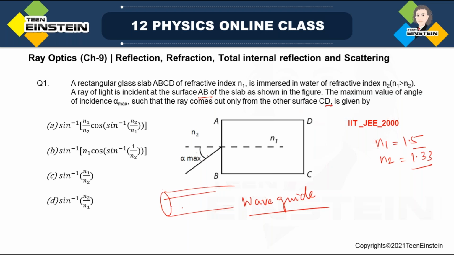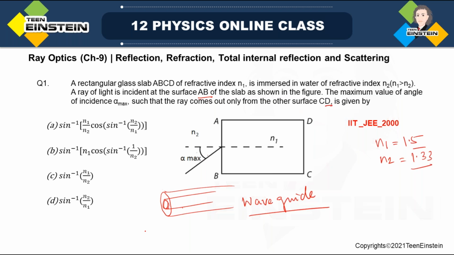Here it is called a glass slab, but it has the same principle of total internal reflection as the waveguide.